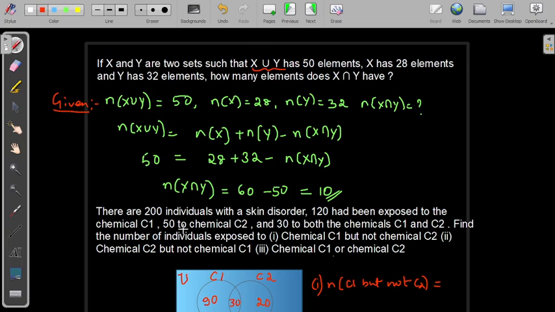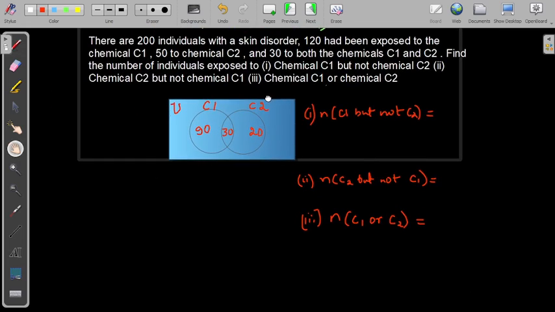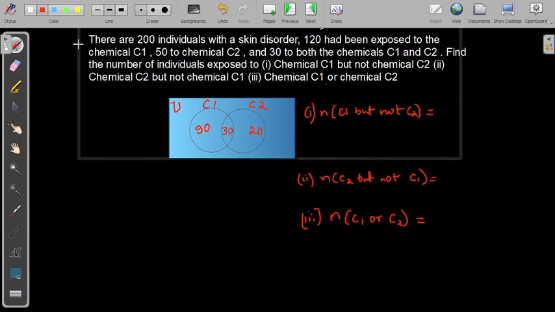Let us take up the second problem, which includes solving the problem with the help of a Venn diagram. Let's see the problem first. There are 200 individuals with a skin disorder. 120 had been exposed to the chemical C1. They are under some treatment.